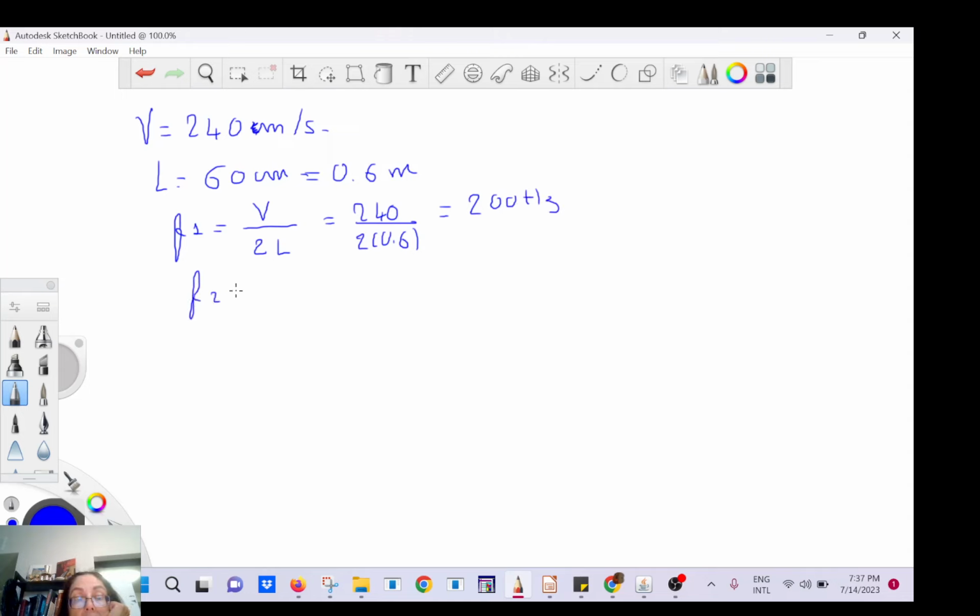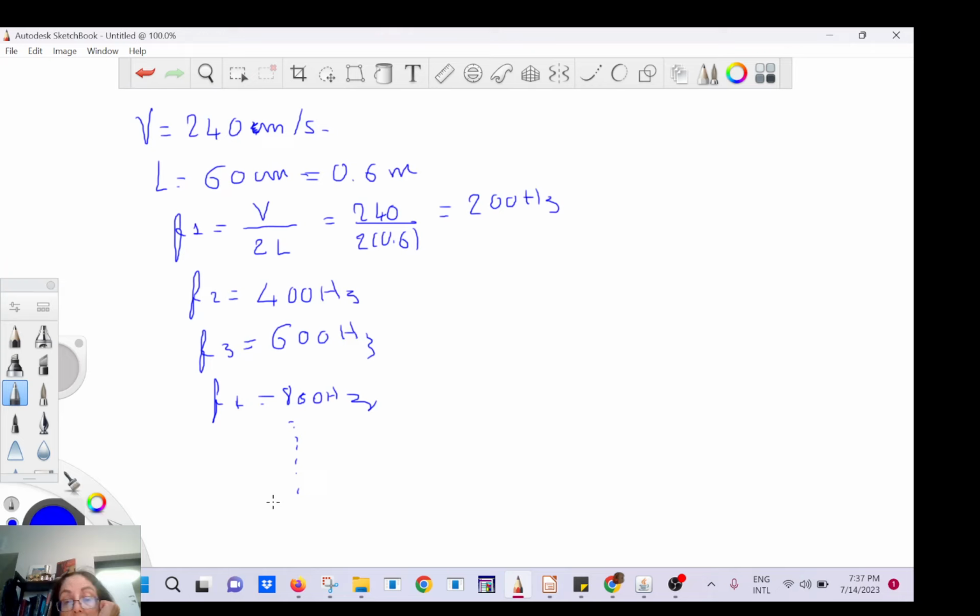The second one, you don't need to compute because you multiply by 2, which is 400 hertz. The third one is going to be 600 hertz. And the fourth one is 800 hertz. And it keeps going. There is an infinite number of harmonics that you can fit on a string.